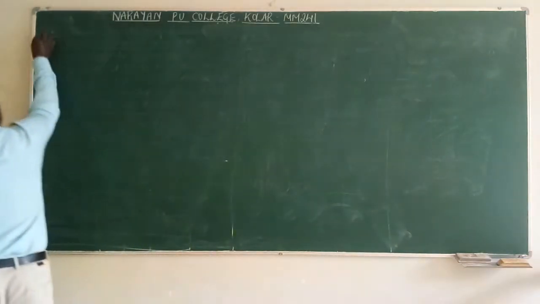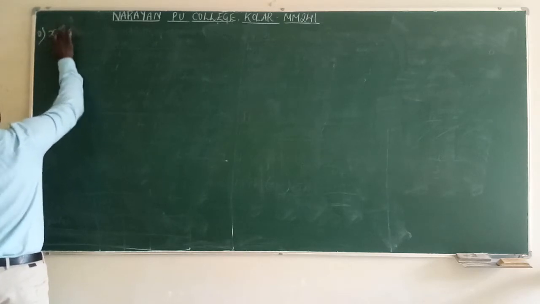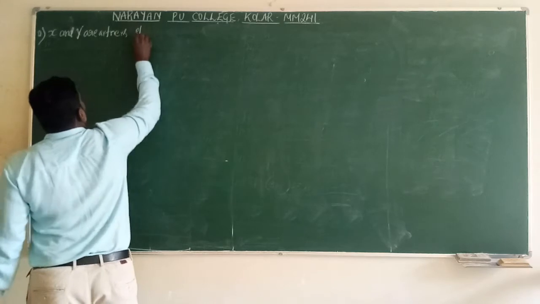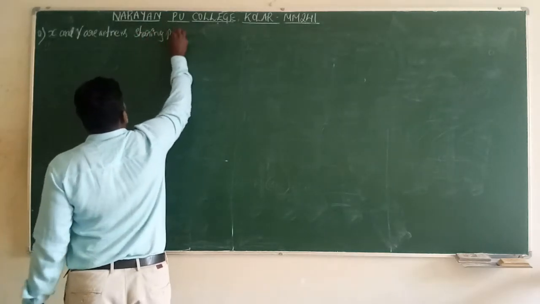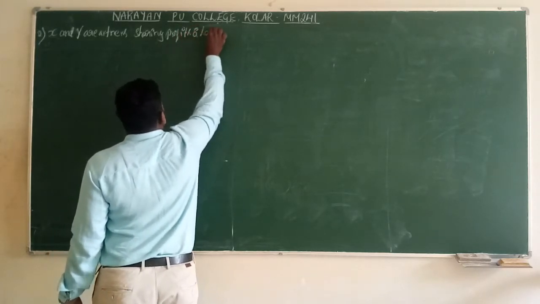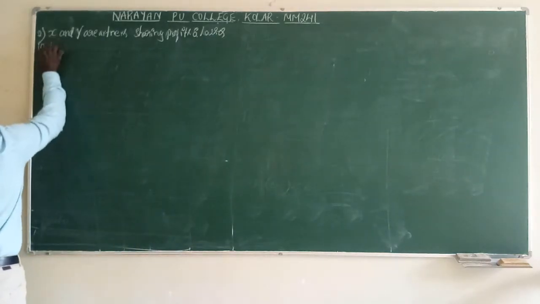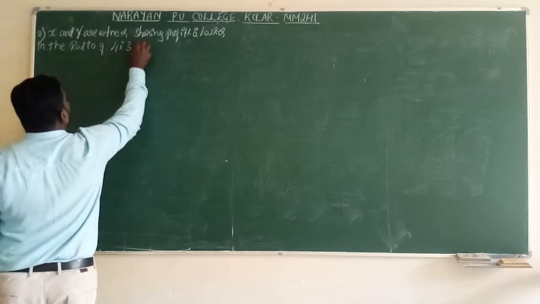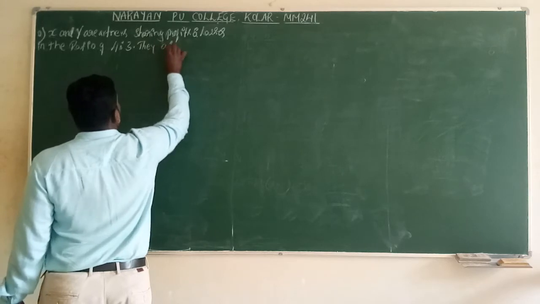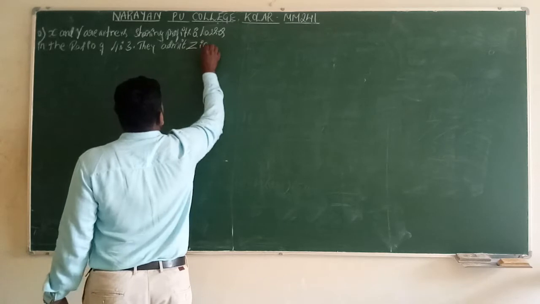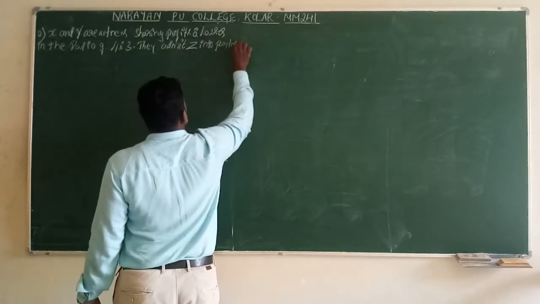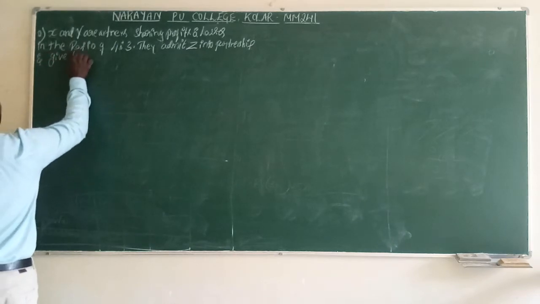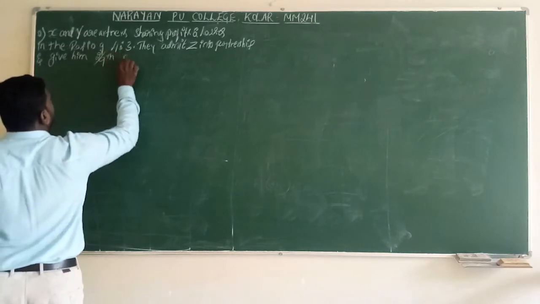Let's come to question number 2. X and Y are partners sharing profits and losses in the ratio of 4:3. They admit Z into partnership and give him 2 by 9 share.